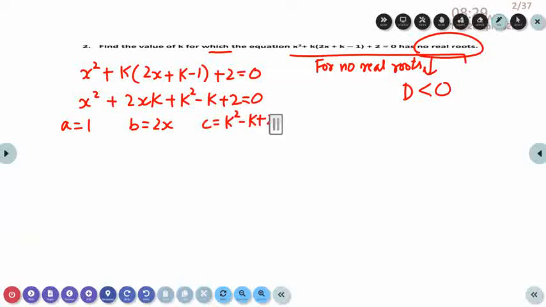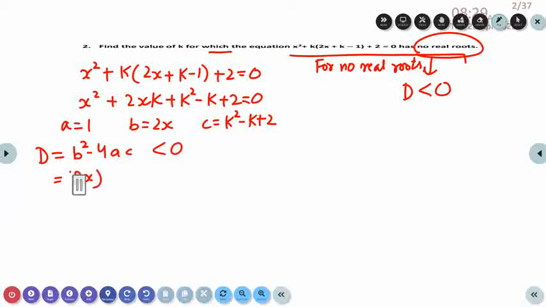Now let us calculate the discriminant D. So D is B square minus 4AC. And since we know that D is less than 0 for this question, we are going to write the condition B square minus 4AC is less than 0. So let's find out B square minus 4AC. So B square will be 2k whole square minus 4 into A is 1 and C is k square minus k plus 2.